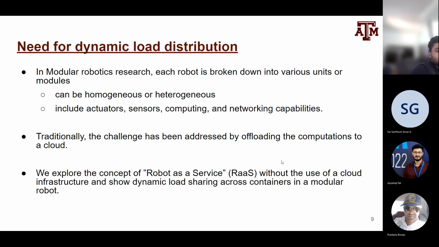So as I said before, modular robotics can be various smaller modules. It can be multiple robots that have various sensors. It may look different and it may also look the same.